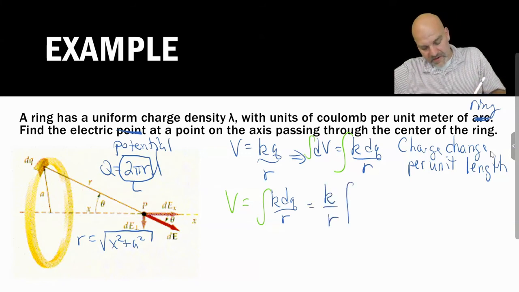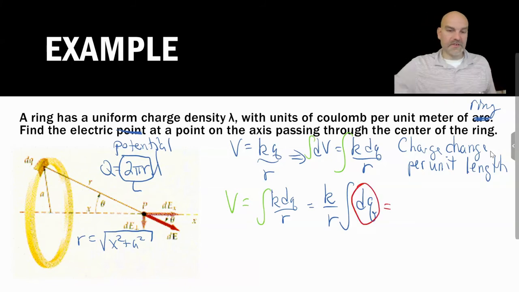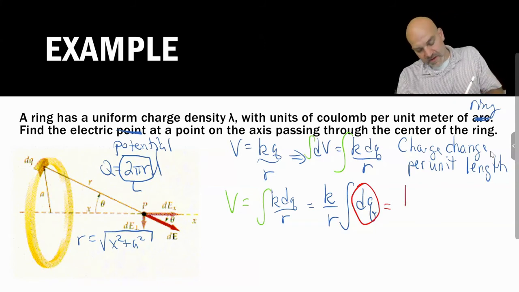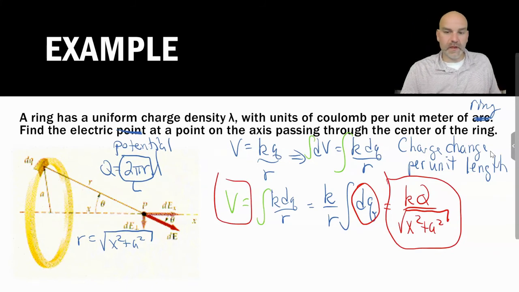So I can bring them out of my integral, and it's going to be K over R times the integral of dQ. Well, that's just going to be our total charge Q. And so that's just going to be KQ over root x squared plus a squared, which is one potential answer.